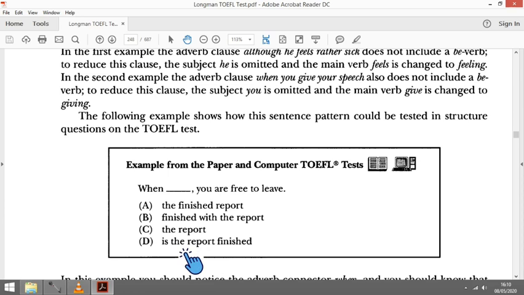So the right answer is B, because we only need the verb here. We have erased, actually, this sentence: "When you are finished." The subject and the verb be are reduced. So the answer is B.